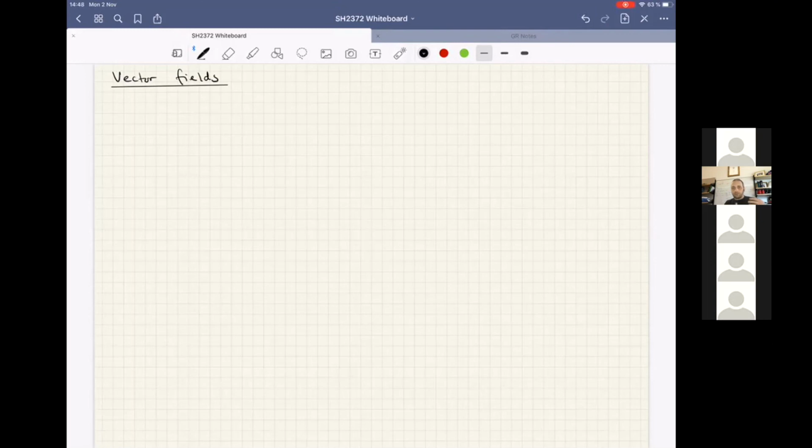So in Euclidean space, essentially you just have one tangent space. The tangent space is the same everywhere. But in a general manifold, this is not going to be the case.